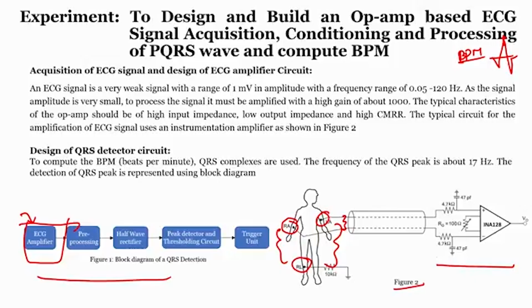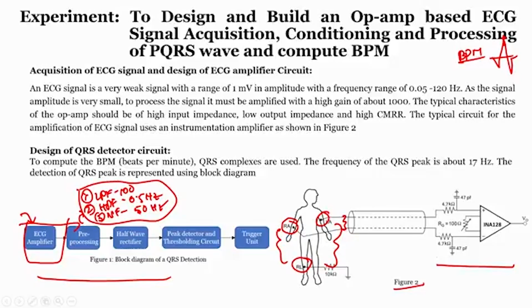One major filter is a low pass filter with a cutoff frequency of 100 hertz, a high pass filter with a cutoff frequency of 0.5 hertz, then a notch filter at 50 hertz. These are the major filters. In this particular subsystem, we will be designing filtering circuits which can remove all the artifacts to process our ECG signal.